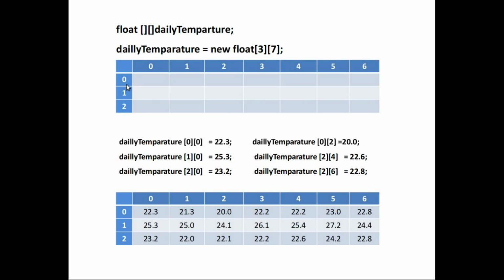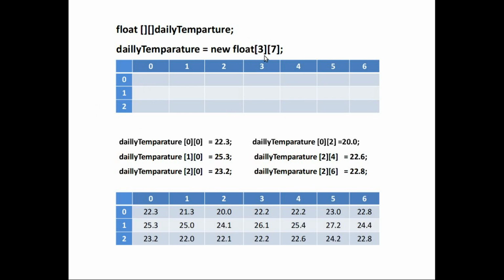So the rows will actually hold one array, and the second bracket here is another array representing the column values. So you see that two-dimensional arrays are just arrays of arrays, and like we initialize one-dimensional arrays, we also initialize 2D arrays using the new operator and the square brackets with a value passed in.